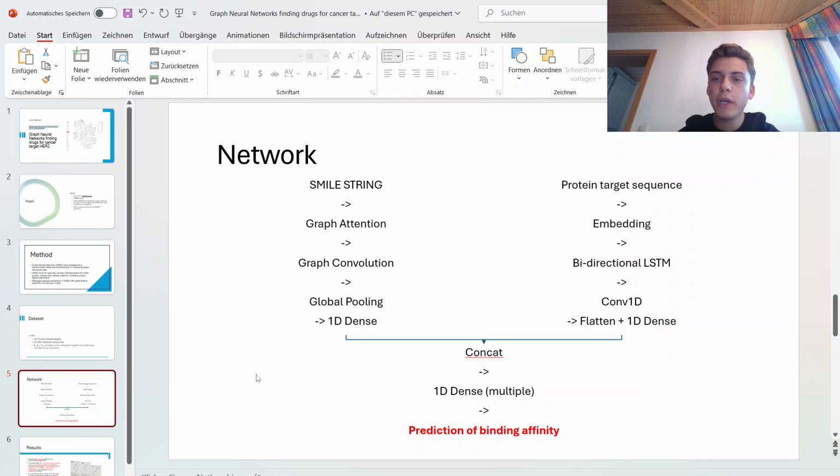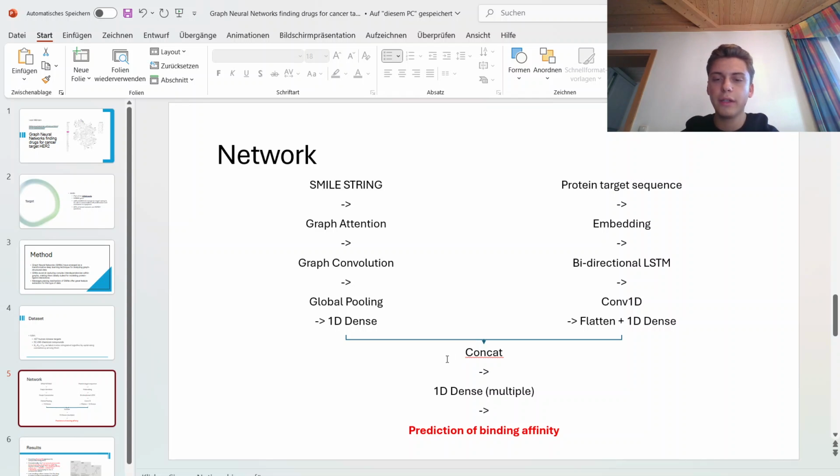At the same time, we have a separate branch that is the protein target sequence, which is basically converted to a numerical format in the embedding, fed into a bidirectional LSTM, and then fed into 1D convolutional layers, after that flattening them out and adding some more dense layers.